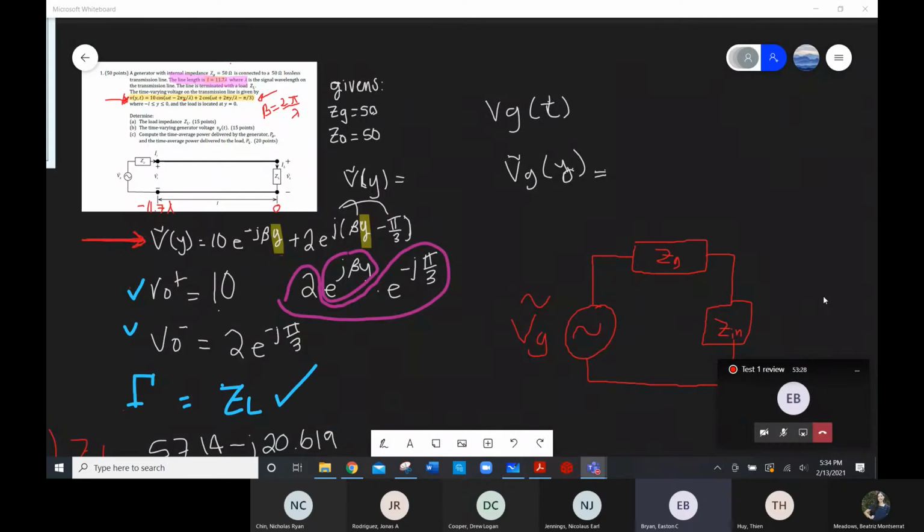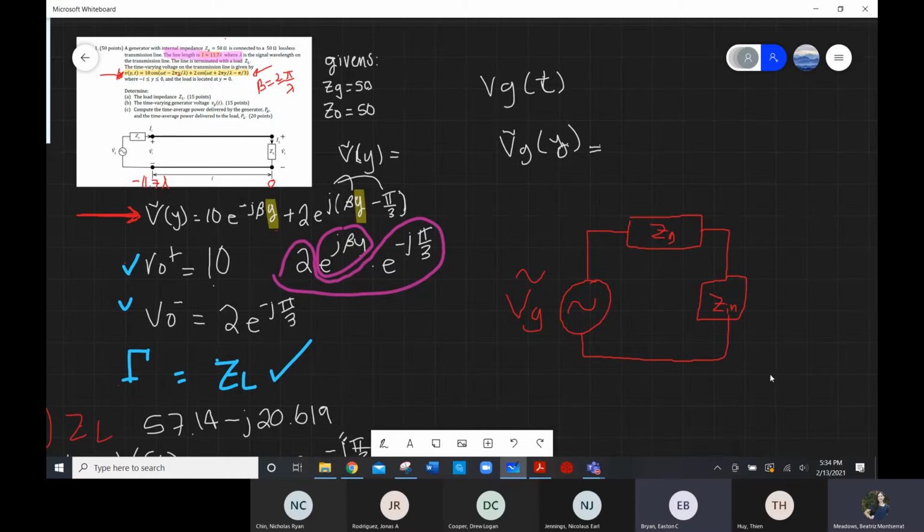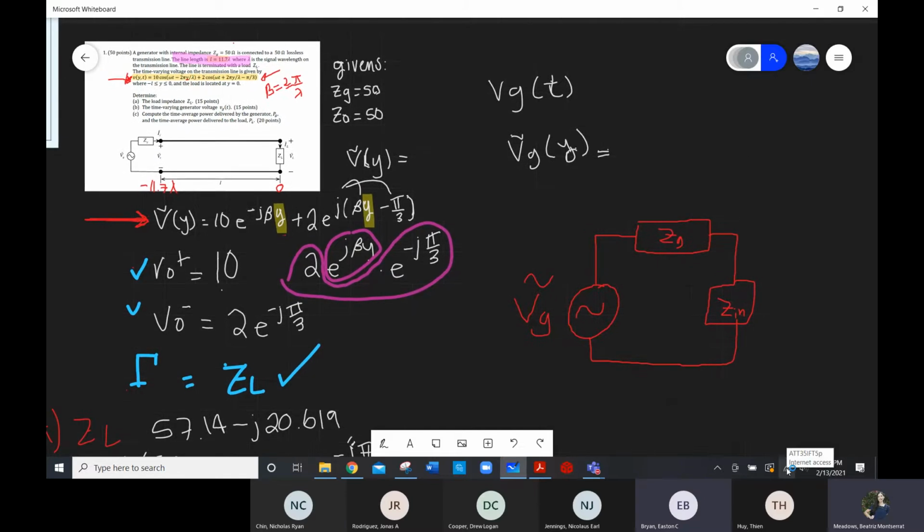If you were to look at the impedance, which is just the relationship of voltage and current at this point, it's looking at the voltage and current at that point.